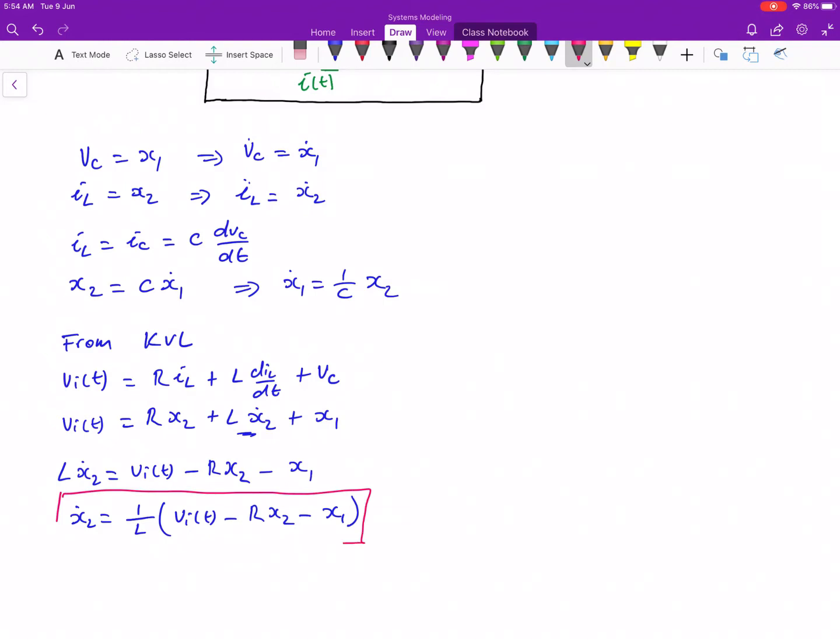Now we have our equations. We have this equation and we also have this equation, and we can write them in the form of our standard state equation.